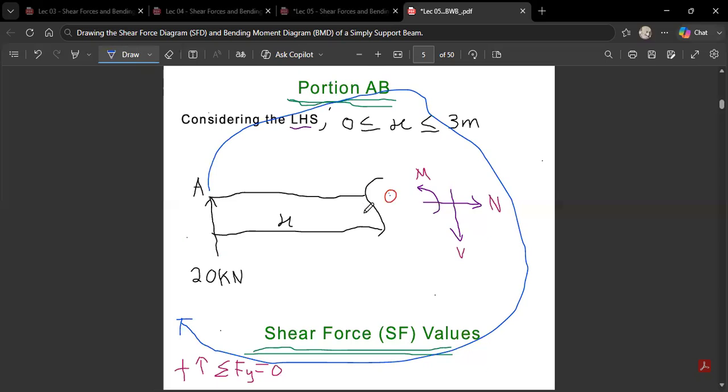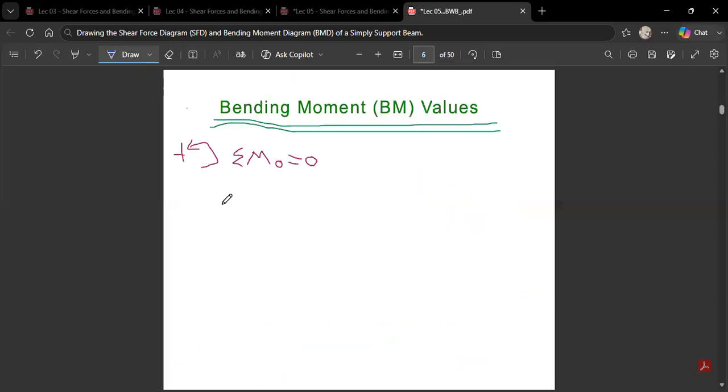So let's do that together. That is 20 times x. But the moment that it took is a clockwise moment, so it is negative. So you say negative 20 times x.